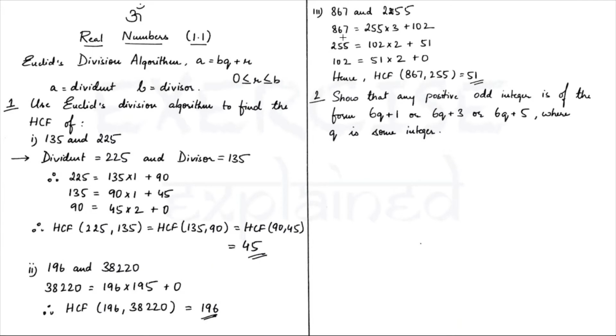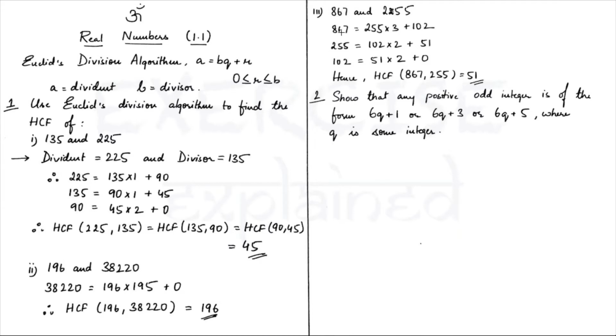Now coming to the next one, that is 867 and 255. Now 867 is equal to 255 into 3 plus 102. Now 255 into 3 gives us 765. So if we subtract 765 from 867, we get 102.